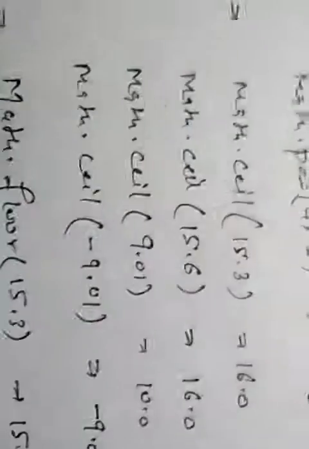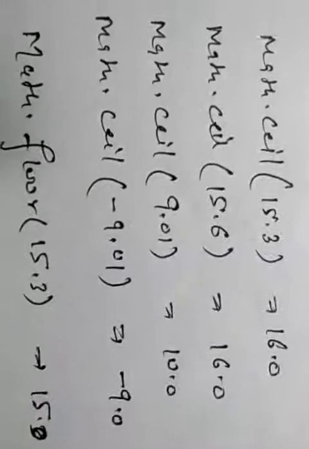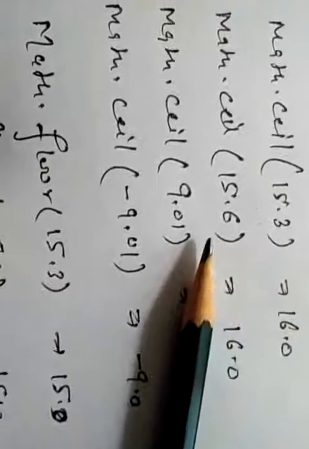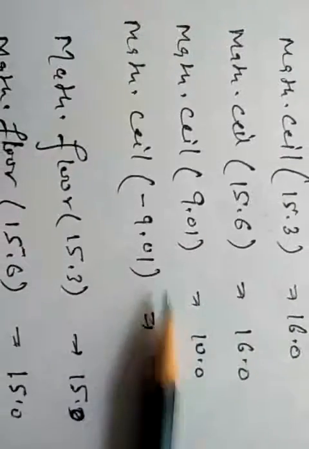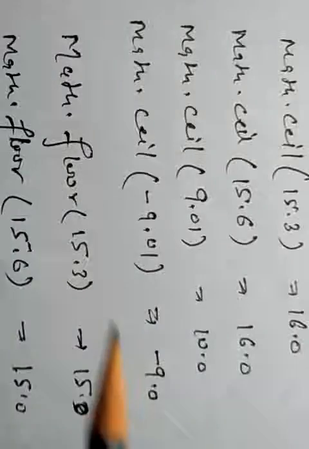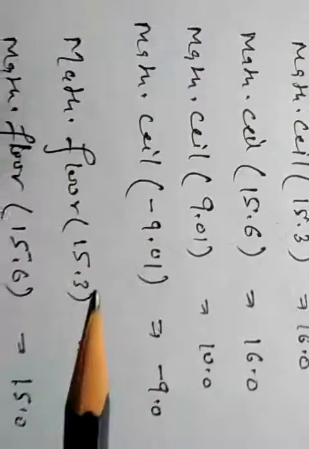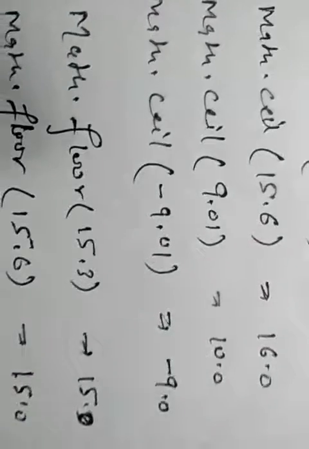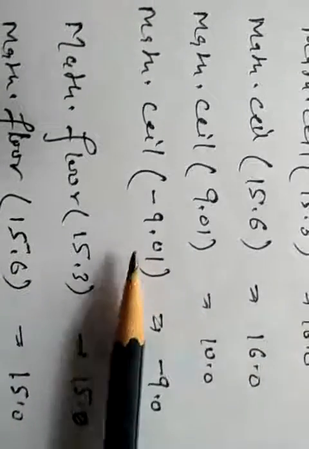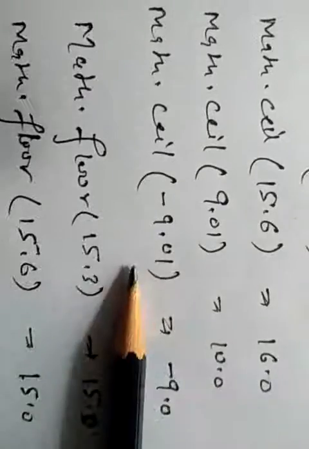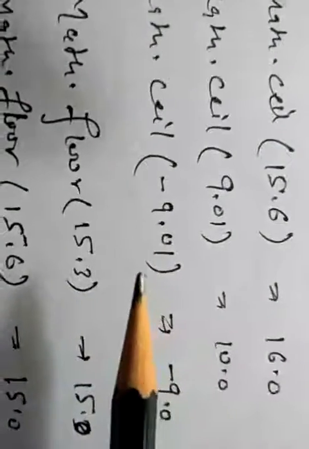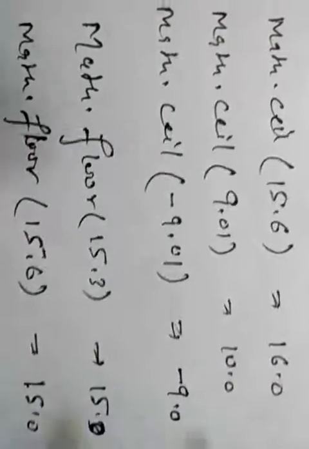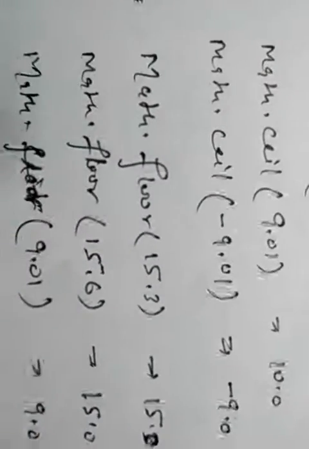Math.ceil(15.6), the answer is 16.0. Whether the fraction is below 0.5 or greater, 9.01, then the answer will be 10.0. Whereas in case of minus 9.01, the answer will be minus 9.0, because here we are standing between minus 9 and minus 10, so the highest value between minus 9 and minus 10 is minus 9.0.